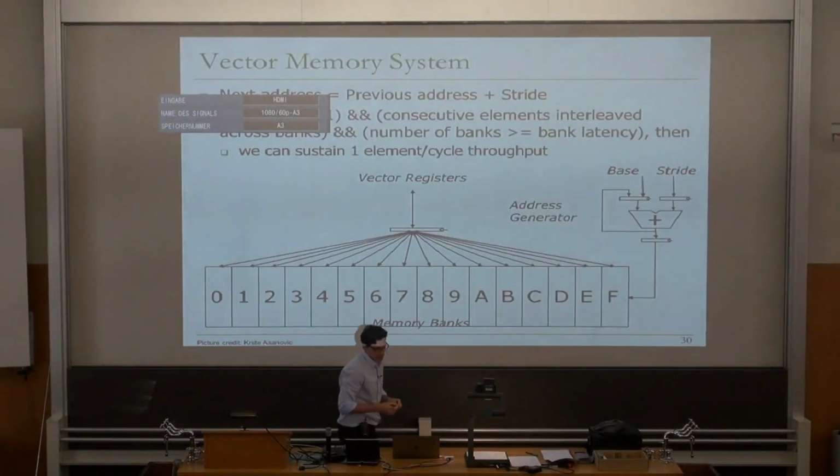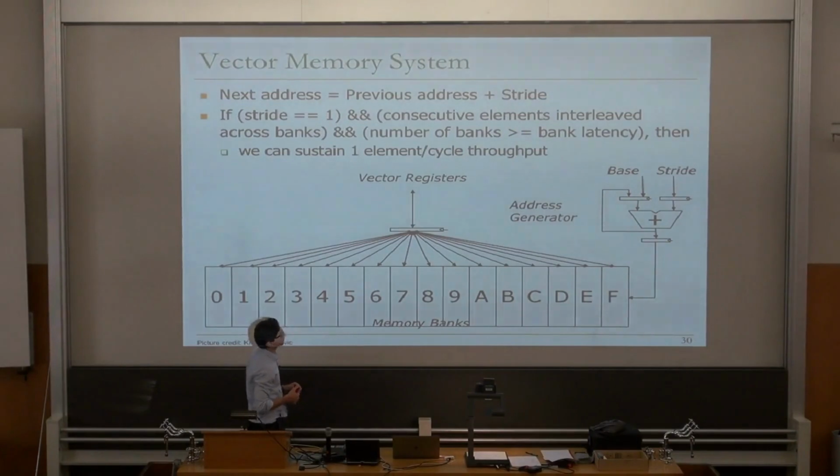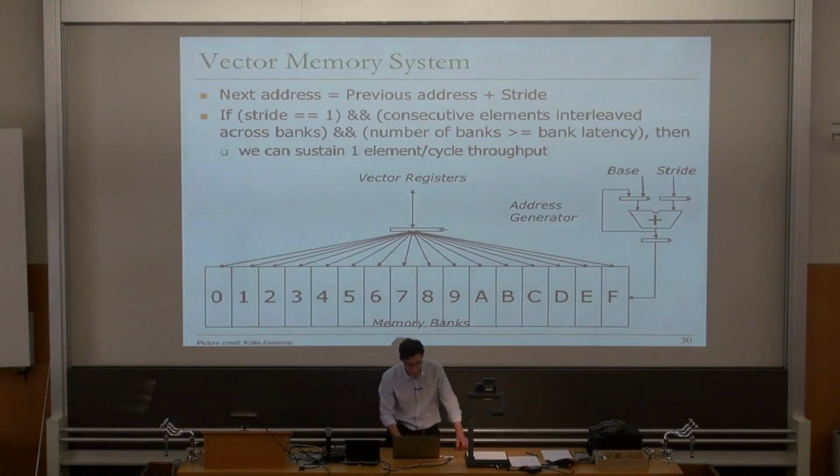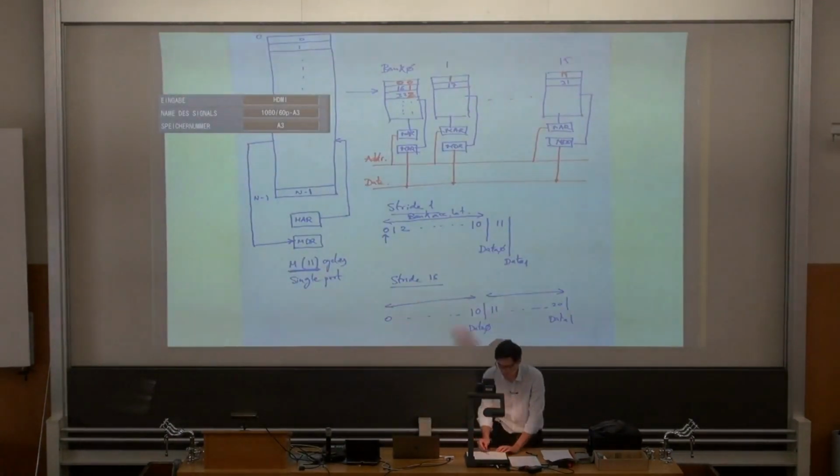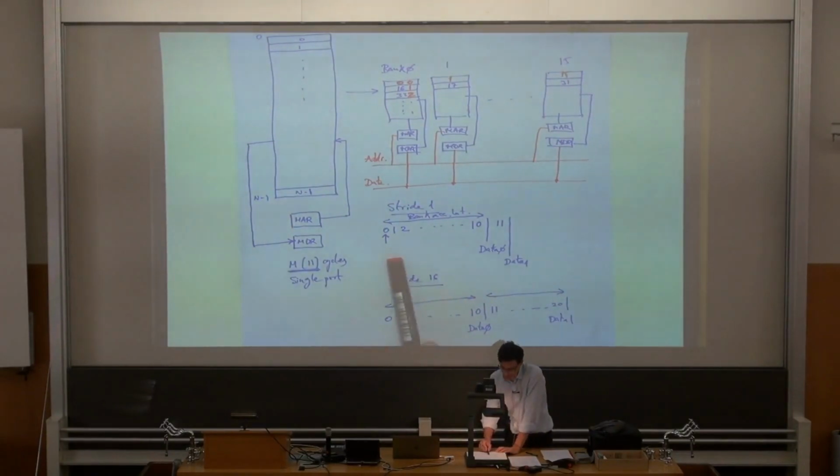Okay, and the last condition that should be fulfilled is that the number of banks is greater or equal to the bank latency. That's essential. As you have just seen in the operation, this access is going to be really efficient if the number of banks that we have here is enough to hide the latency of issuing all these accesses.